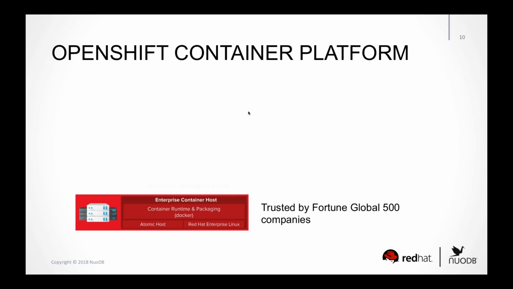So at the foundation of Red Hat's digital transformation work is OpenShift, which is our container platform. OpenShift builds on top of the industry standard Red Hat Enterprise Linux, which is the foundation for running enterprise class Linux containers. Next slide.